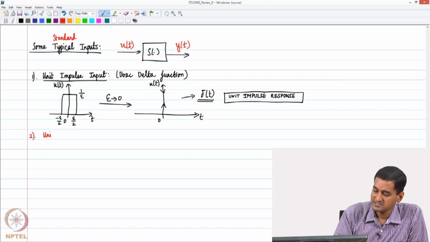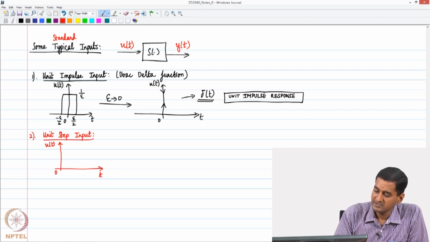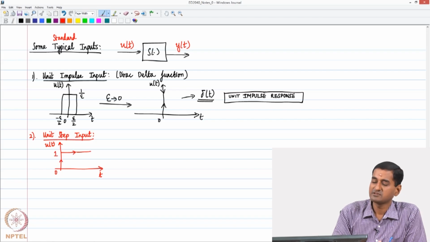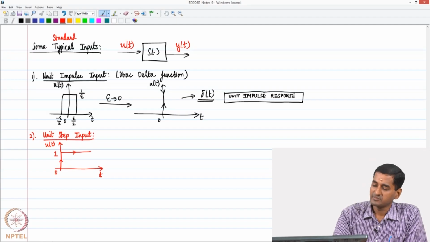Another input which is typically used in systems analysis is what is called a unit step input. So, what is this unit step input? As the name suggests, we have time t and u of t. At time t equals 0, we give a step input to the system that is of magnitude 1. Okay. So, this is what is called a unit step input.